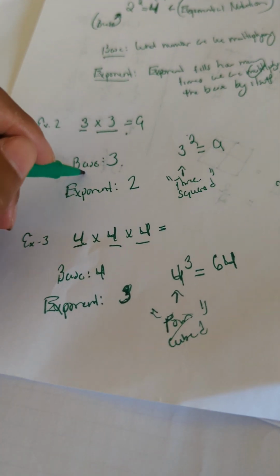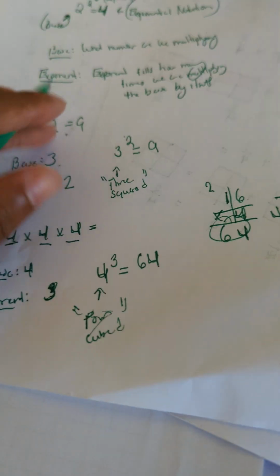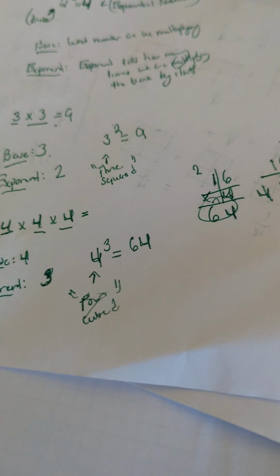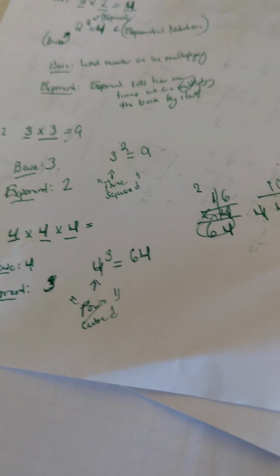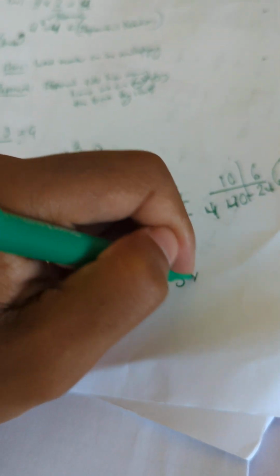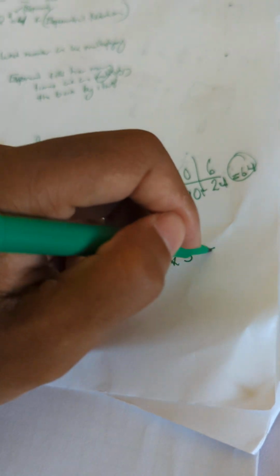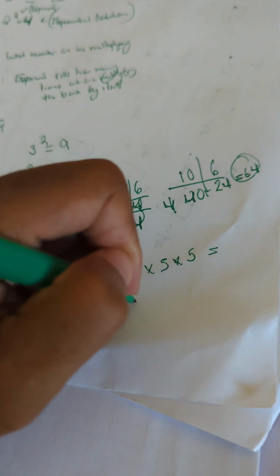Let's use one more example. If you took 5 times 5 times 5, how do we do this?